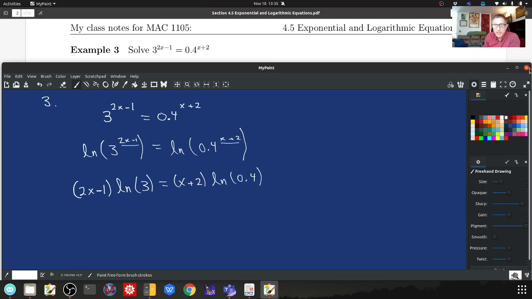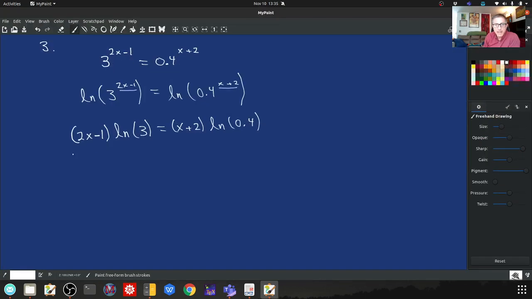Now here I'm going to make an observation. This is just how I'm going to do it. I'm kind of lazy, and I can actually work with variables, letters that stand for constants, easier.